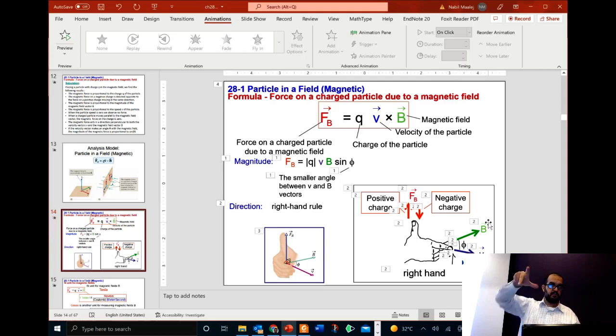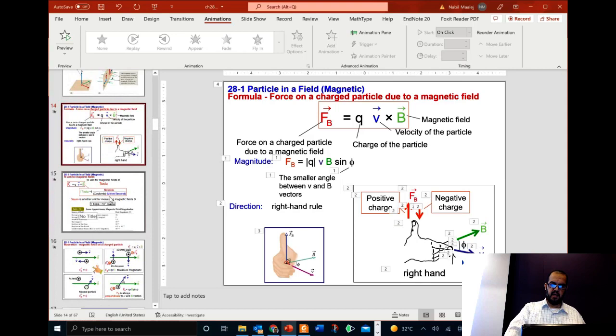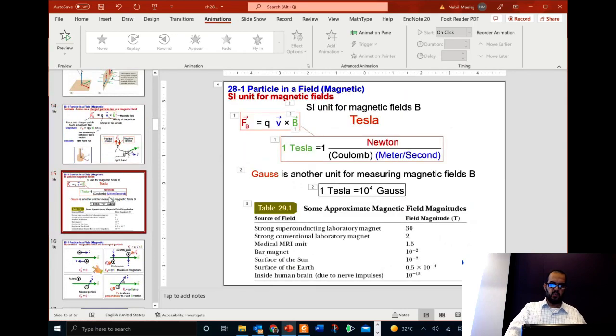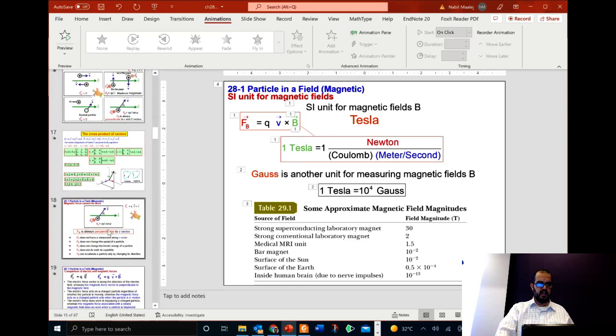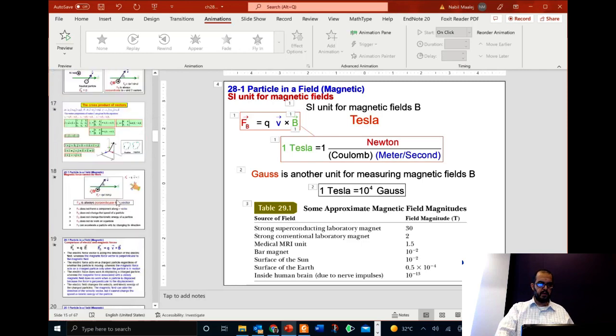If the charge is negative, you have to reverse the direction, so the sign of the charge does affect the direction of the force. We said the unit for magnetic field is Tesla, and Tesla is Newton second per Coulomb meter. And we started solving some problems.